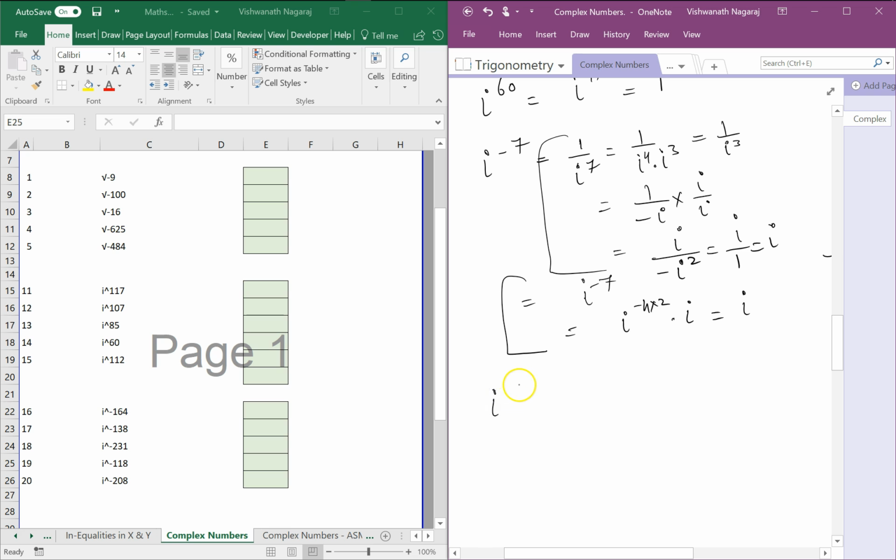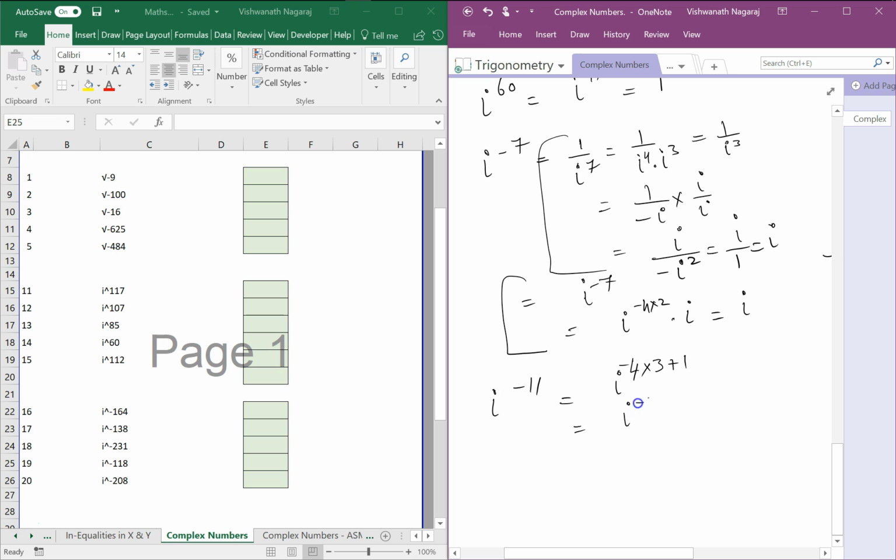So let's say minus 11. Okay, now minus 11 can be written as what? i to the power of 4, first write 4, then times, 4 threes are 12. You have to go above, the absolute value should be greater than this. So 4 threes are 12. Now this is minus 12 plus 1, which is minus 11.